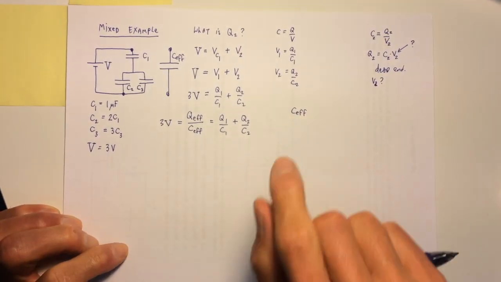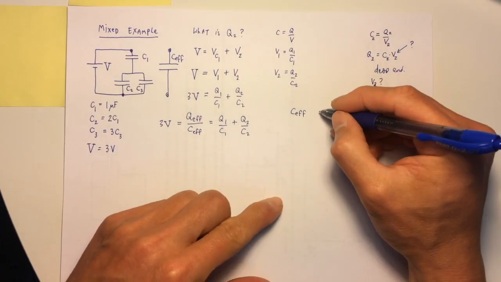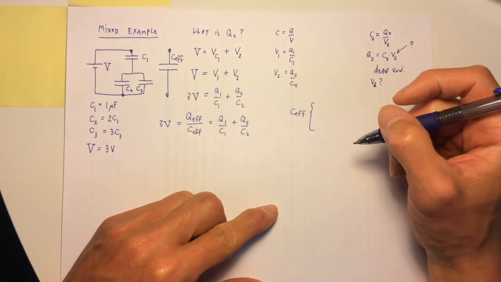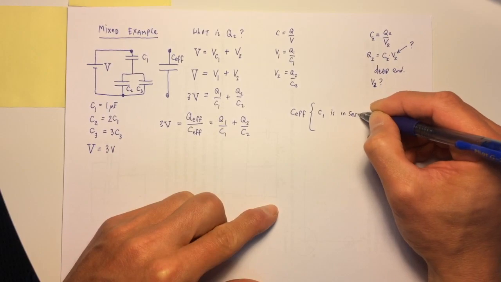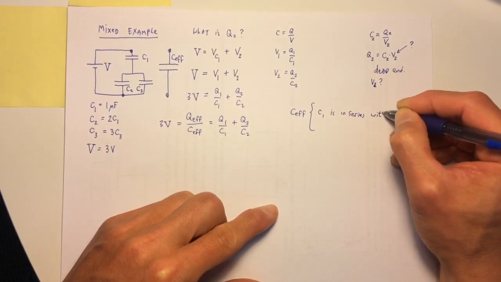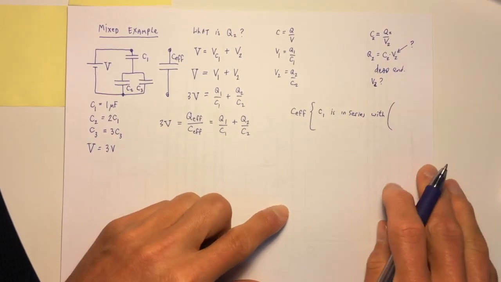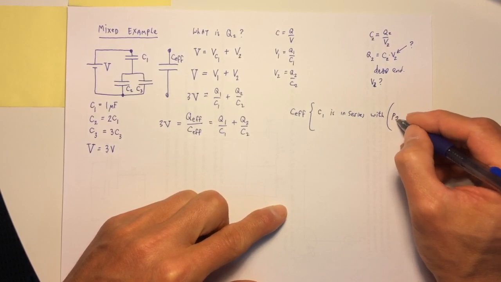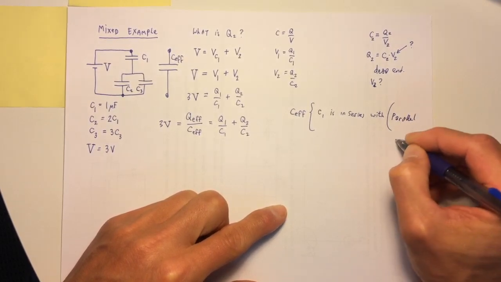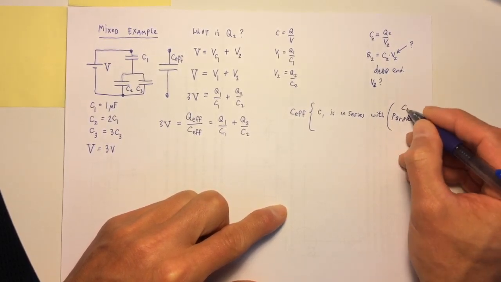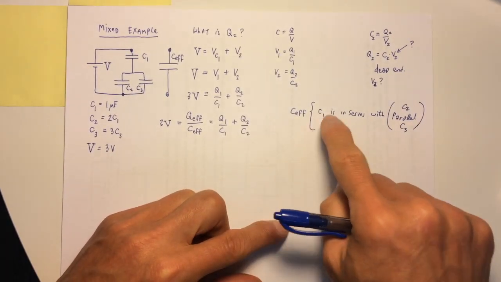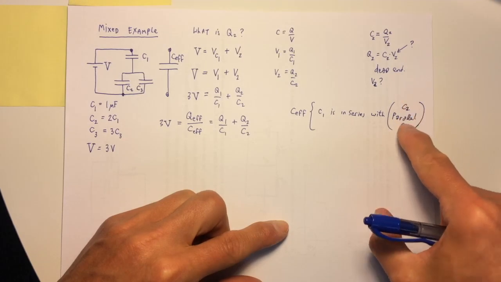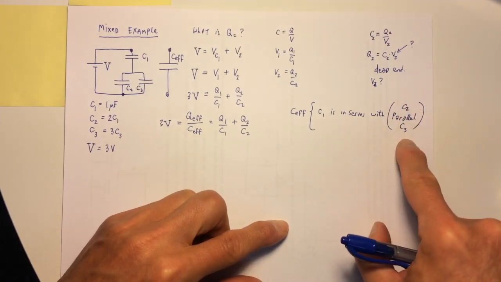So C effective, I'm going to get it by realizing that C1 is in series with the parallel combo of C2 and C3. That is, C1 is in series with the parallel combination of C2 and C3.